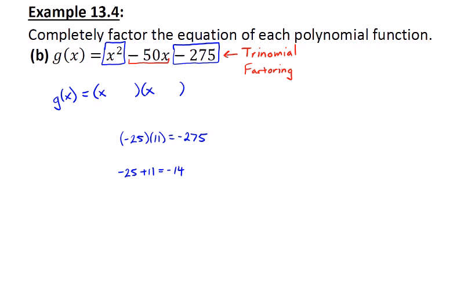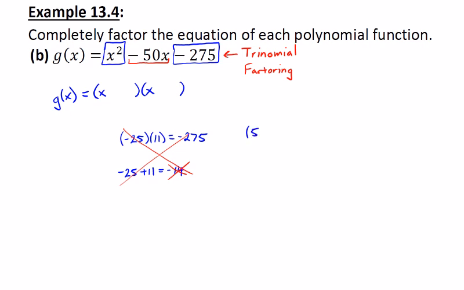Clearly we're going to get negative 14 when we add those two numbers together, and that does not end up equaling negative 50. So that tells me that this pairing of negative 25 and 11 is not going to work for this particular trinomial.